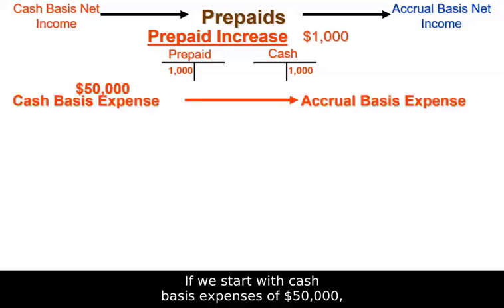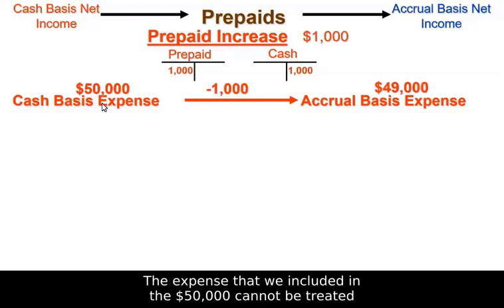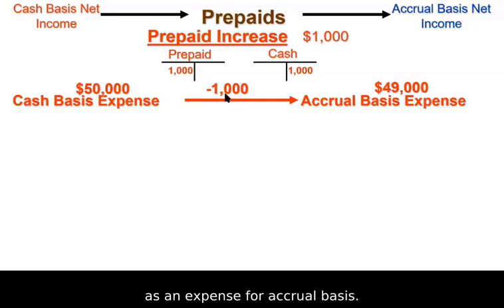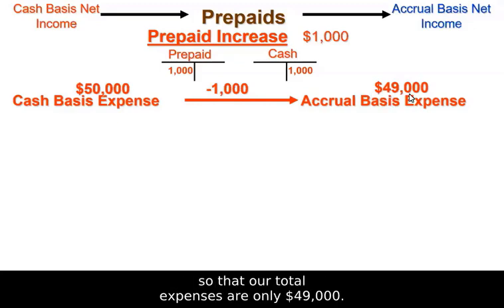If we start with cash basis expenses of $50,000, in that $50,000, we've already subtracted out this $1,000 as an expense. The expense that we included in the $50,000 cannot be treated as an expense for accrual basis. Therefore, we remove that expense so that our total expenses are only $49,000.